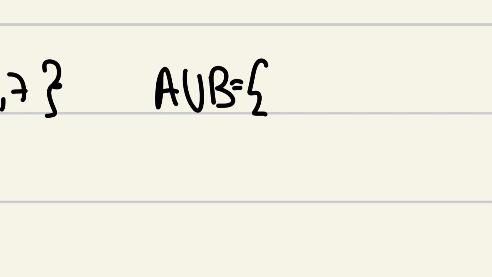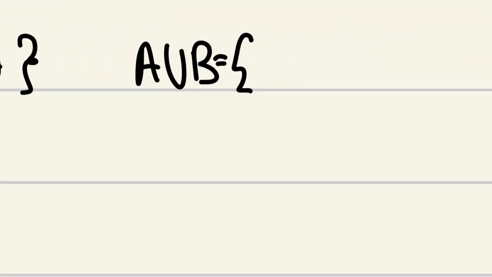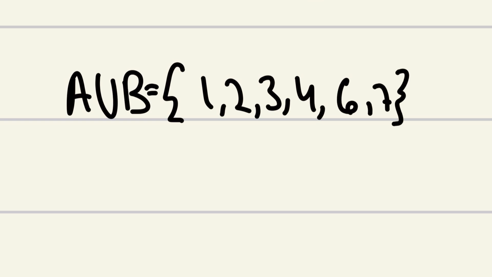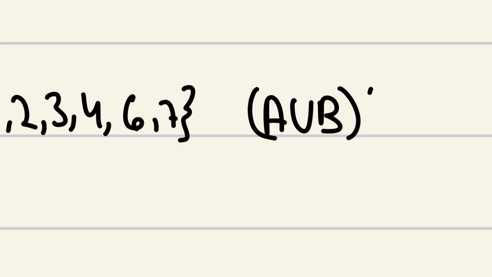And then A or B, which is taking all of the things into account, is 1, 2, 3, 4, 6, 7, right? So everything except for 5 and 8 essentially. And then the complement of this is everything except for 1, 2, 3, 4, 6 and 7. Remember, when we're doing the complement of A or B, the whole thing, we have to put it in brackets.